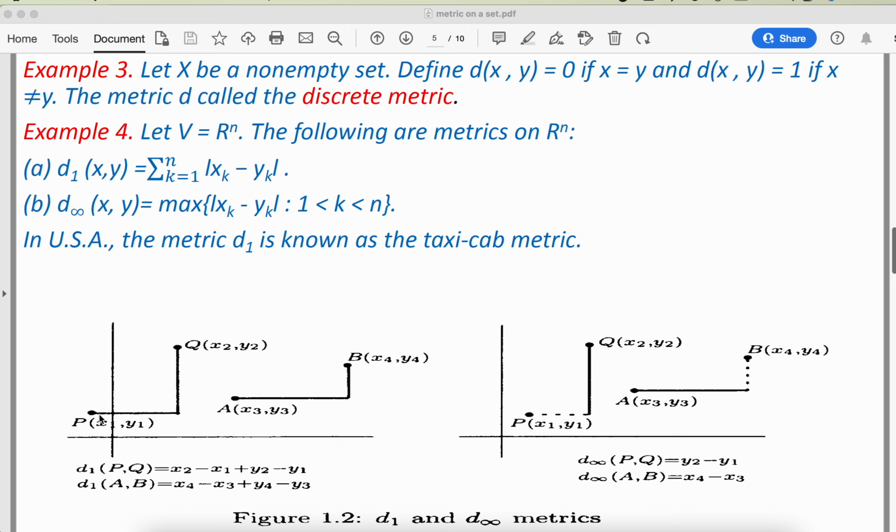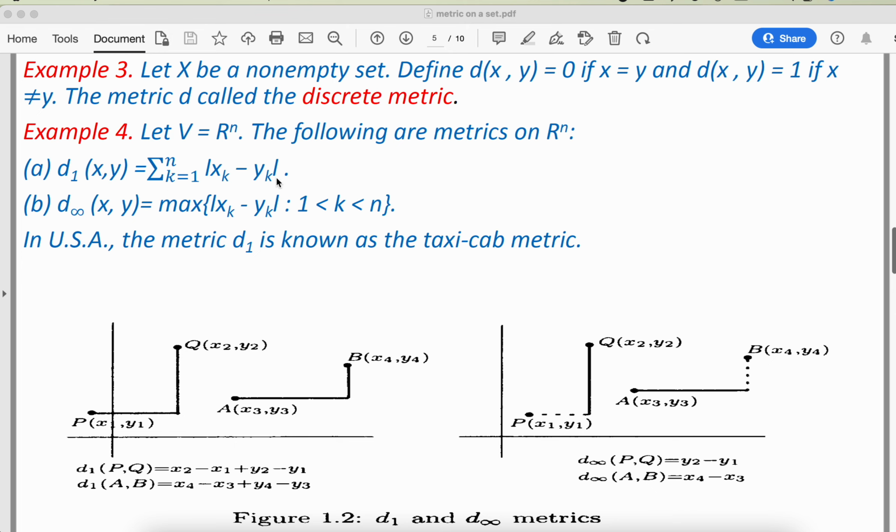If we calculate the distance between P and Q with respect to metric d1, it is x2 minus x1 plus y2 minus y1, because the metric is sigma k equal to 1 to n modulus of xk minus yk, and the distance of A from B is x4 minus x3 plus y4 minus y3.